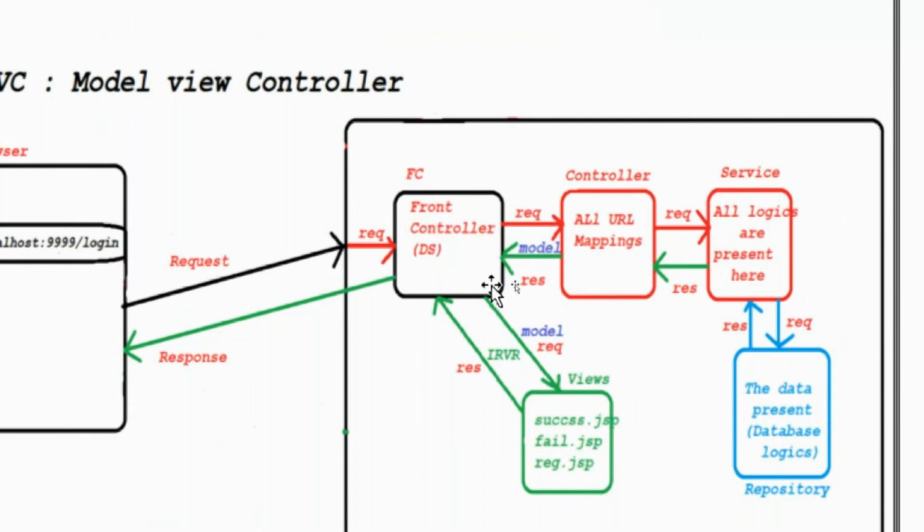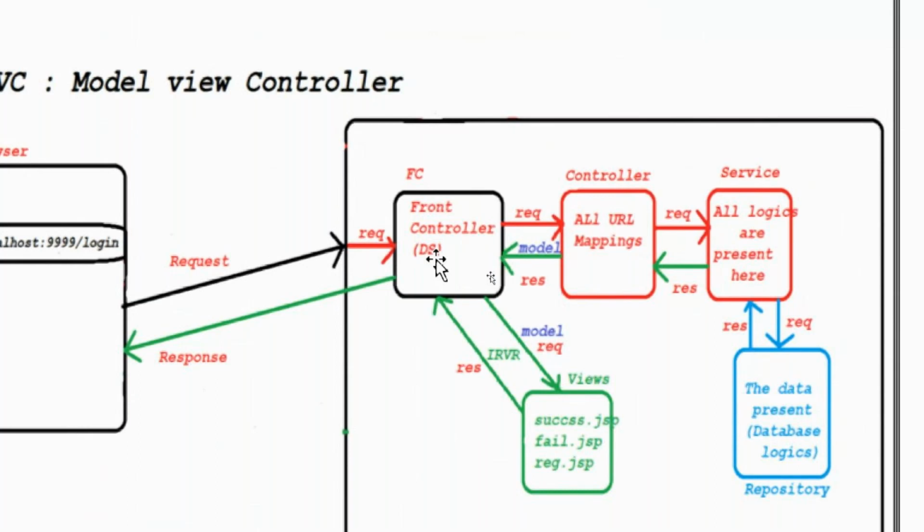The front controller will identify the particular JSP based on one class called InternalResourceViewResolver, IRVR. This is a class. Based on this class, it will identify the corresponding JSP file name. You got the point, right? Whatever response comes from the controller, the front controller will take it and treat it as a JSP file name.